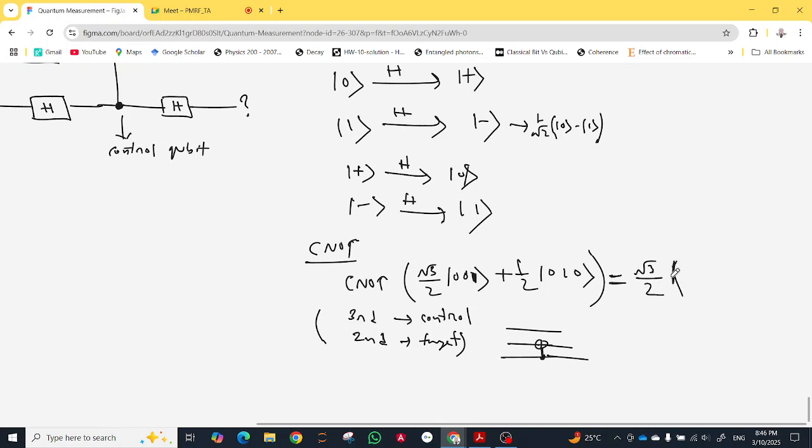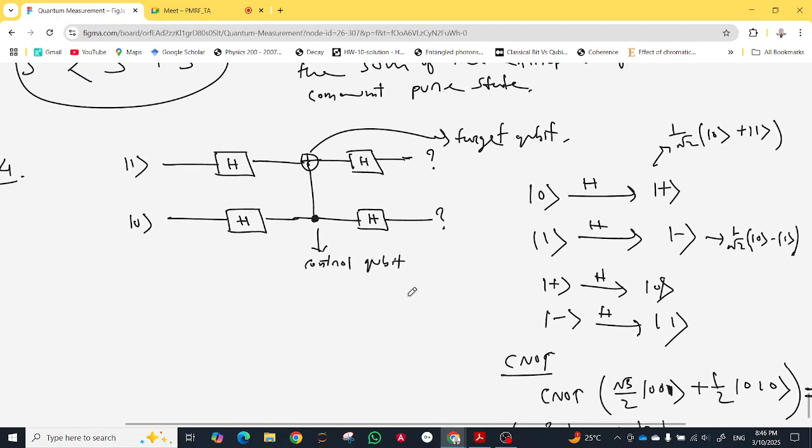It becomes 0, 1, 1 plus 1 by 2. Third is the control, right? Control is 0, so everything will remain the same. 0, 1, 0. This is the CNOT gate, right?